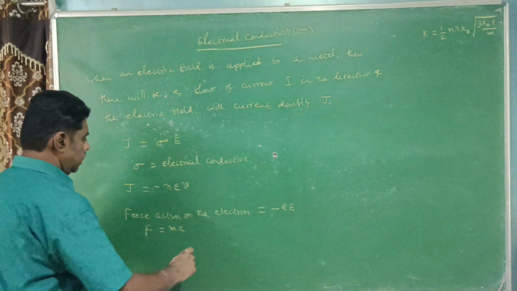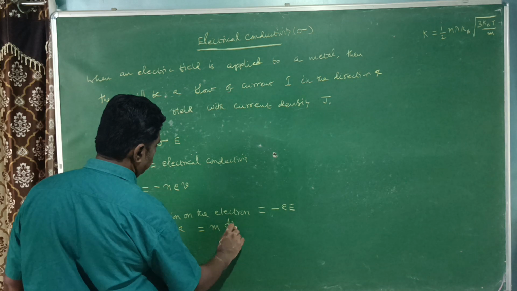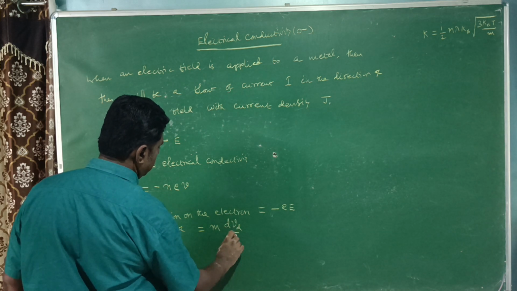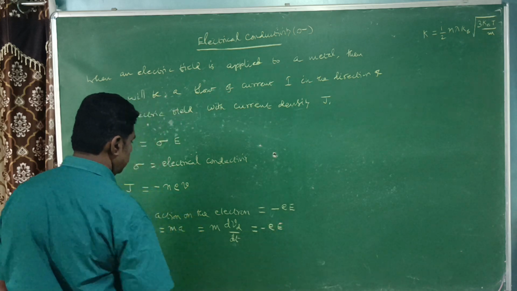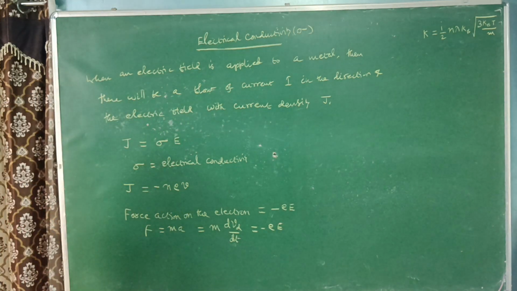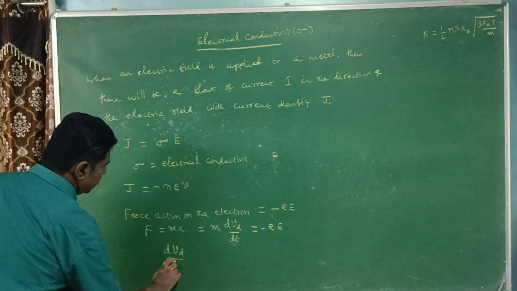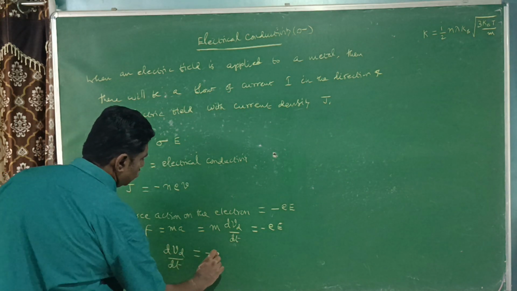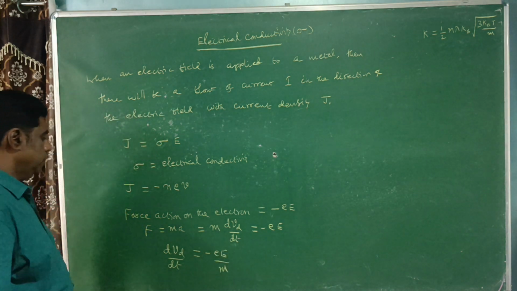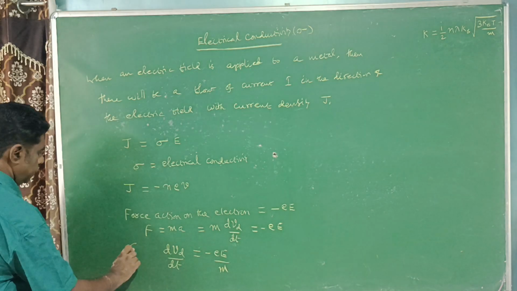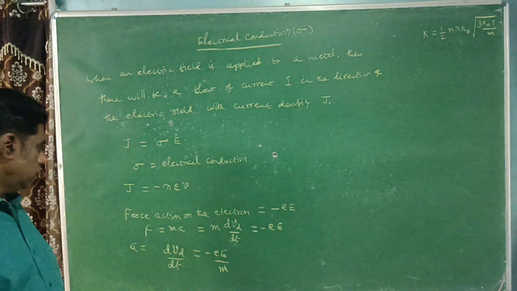Suppose m be the mass of the electron, then acceleration is rate of change of velocity dv by dt, which is equal to minus e into E. From this, dv by dt is equal to minus e capital E divided by m. This is our acceleration, the acceleration gained by the electron.